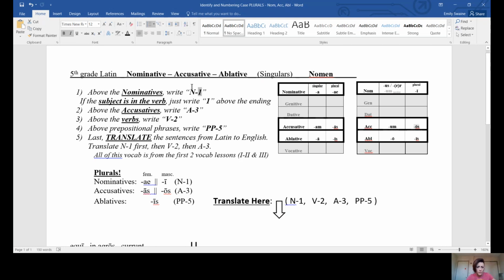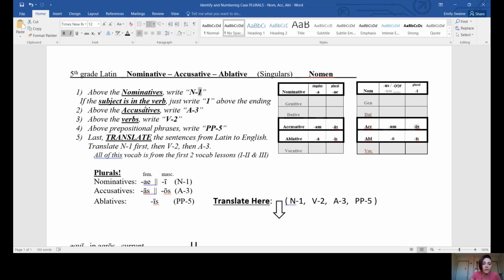Our nominative is going to be the subject of the sentence, okay? Now, if, however, the subject is in the verb, meaning if we don't have a nominative, but we still have a subject, we are going to write a 1 above the ending of the verb.